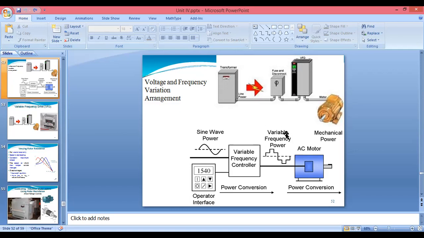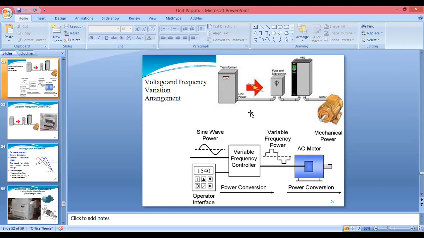But it has some disadvantages: a large change in voltage is required for a relatively small change in the value of speed. And if we make a very large change in the value of voltage, it may disturb the magnetic conditions of the three-phase induction motor, and as the magnetic conditions change, the flux density changes.